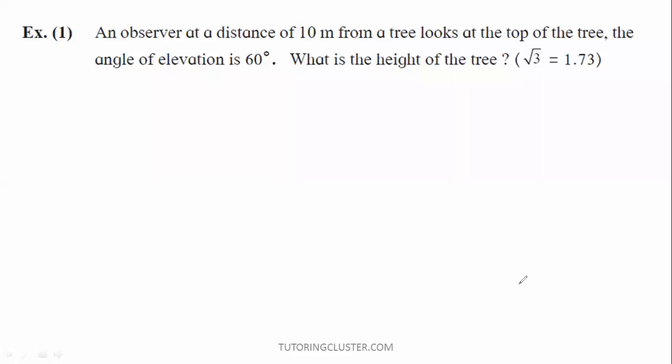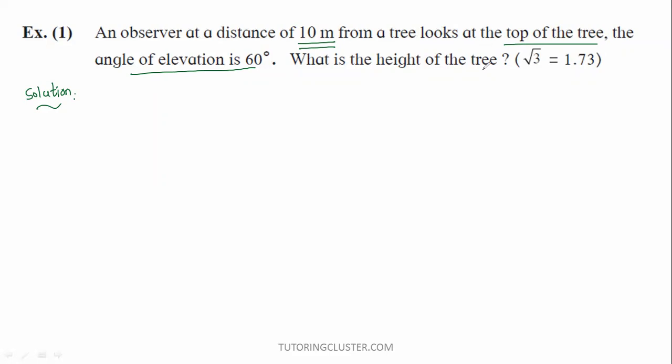So the first example, read the example. An observer at a distance of 10 meters from a tree looks at the top of the tree. The angle of elevation is 60 degree. What will be the height of the tree? Okay.